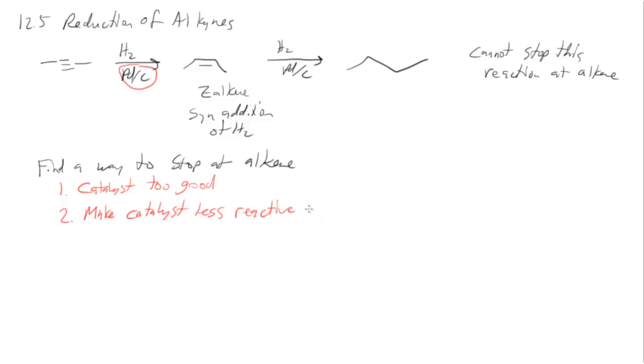Organic chemists sometimes call this poisoning a catalyst, which really is just deactivating it. It's making it less active. If the catalyst is less active, it has reduced effectiveness.